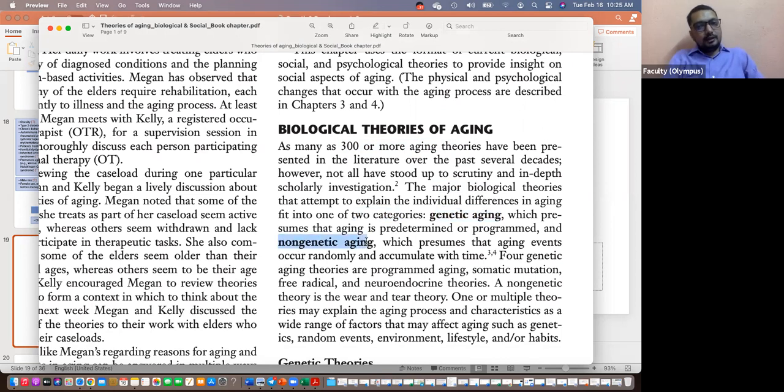What are they? Genetic and non-genetic theories.